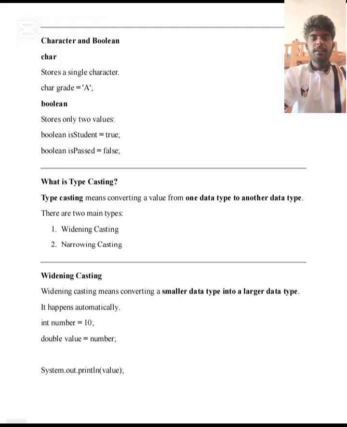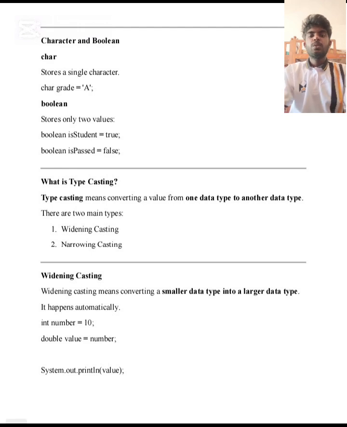Number one, widening casting, number two, narrowing casting. Widening casting means converting a smaller data type into a larger data type. Narrowing casting means converting a larger data type into a smaller data type. Now I will explain both types with examples.